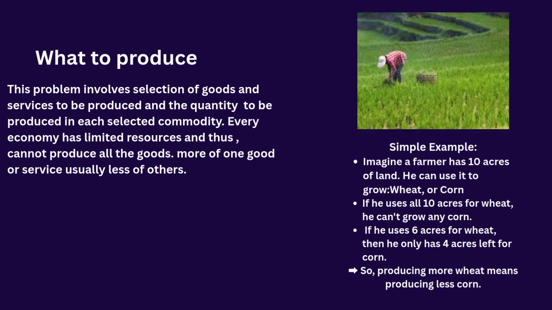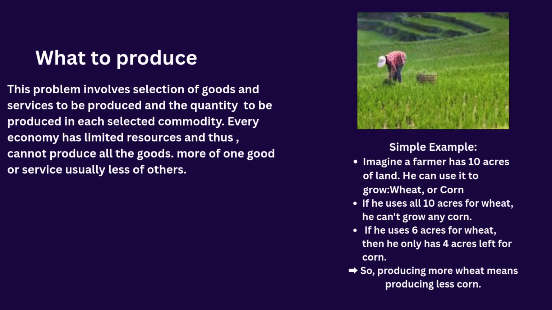So based on the priority, if you have 20 acres, you can make 10 acres wheat, 10 acres corn. But you have 10 acres, so which is most prioritized, which is more in demand, is wheat. So you are making wheat on 6 acres and corn on 4 acres of land. So this is what to produce based on the demand.